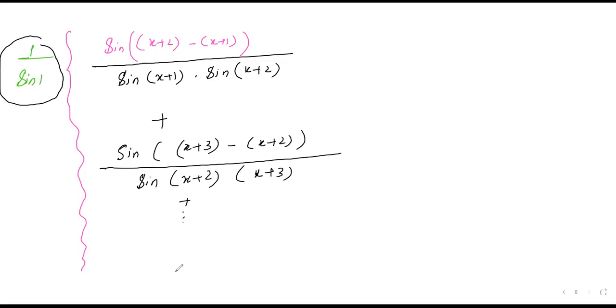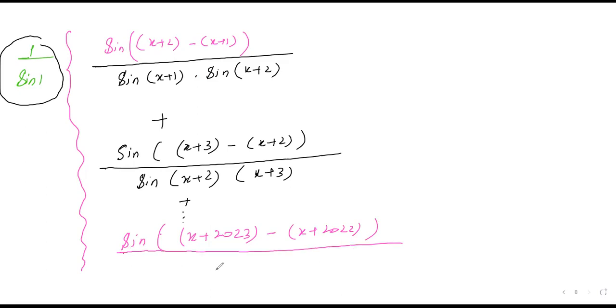And in the final term, you should write it in this way: sine of x plus 2023 minus x plus 2022, and whole upon sine of x plus 2022 into sine of x plus 2023.